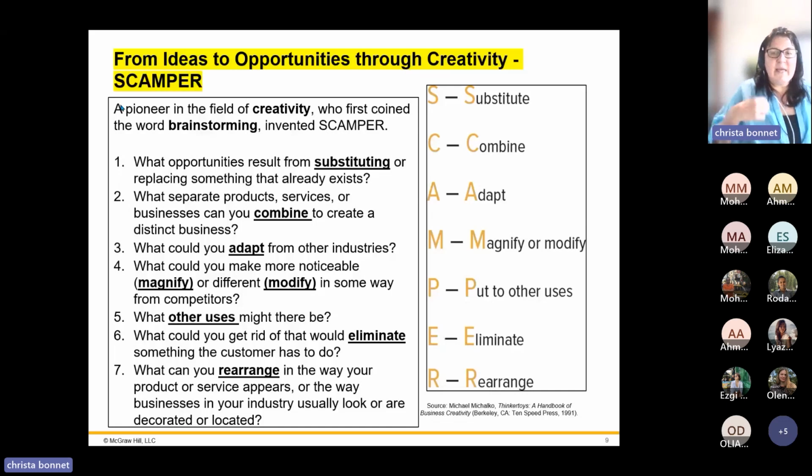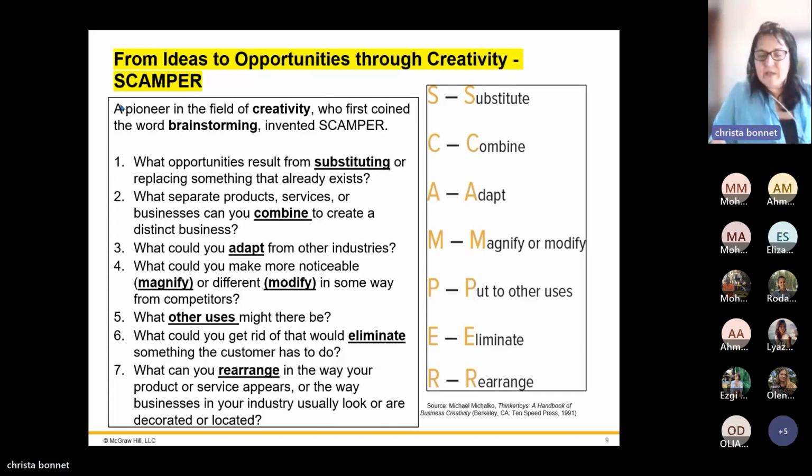So that is the S in the Scamper model. Then number 2 refers to the C in the Scamper model, which is combine: what separate products or services or businesses can you combine to create a distinct business?